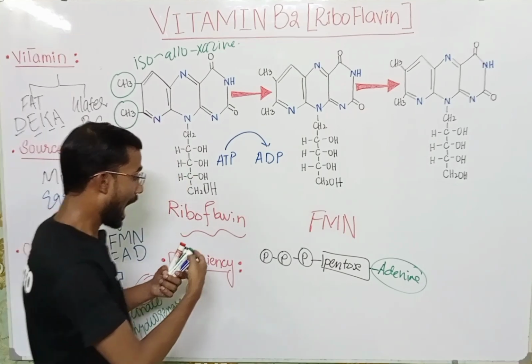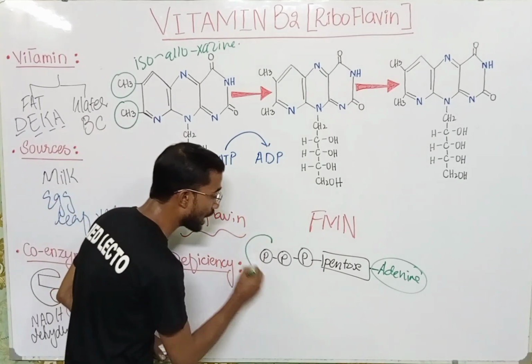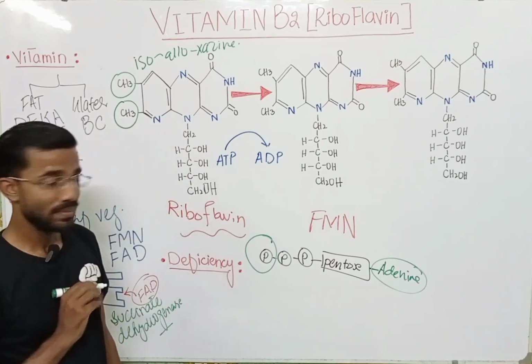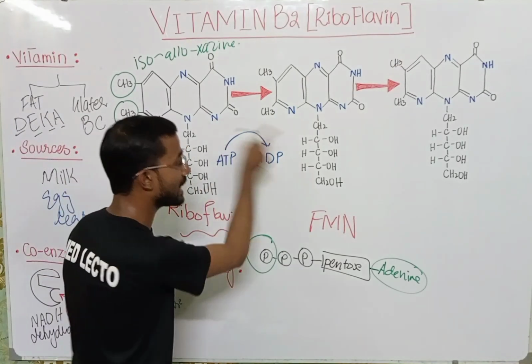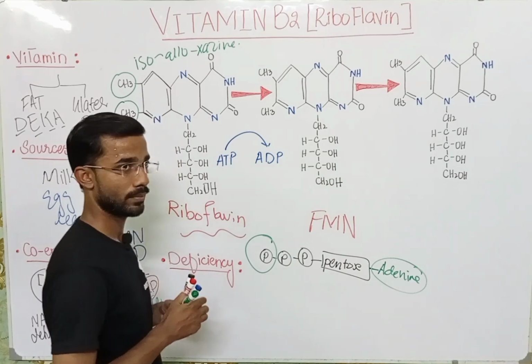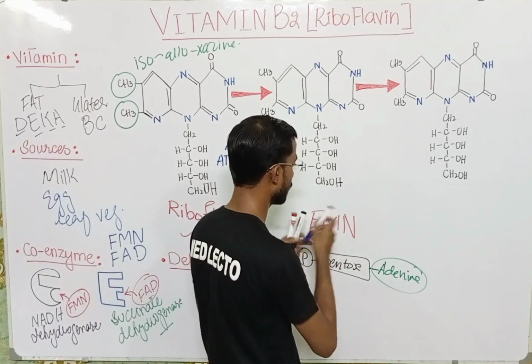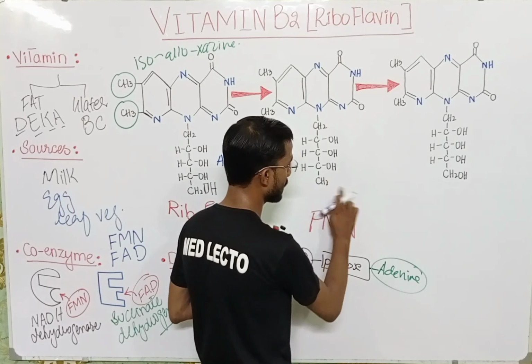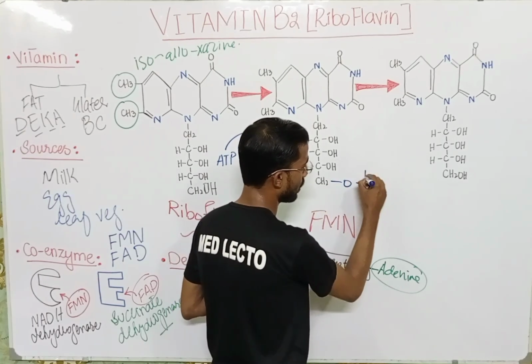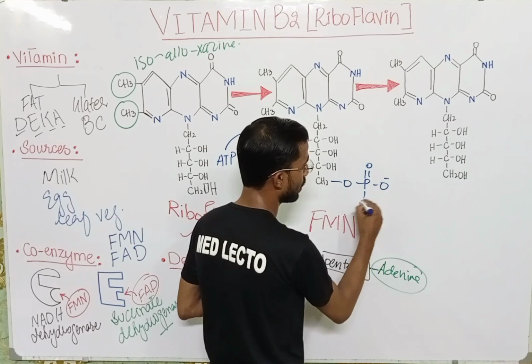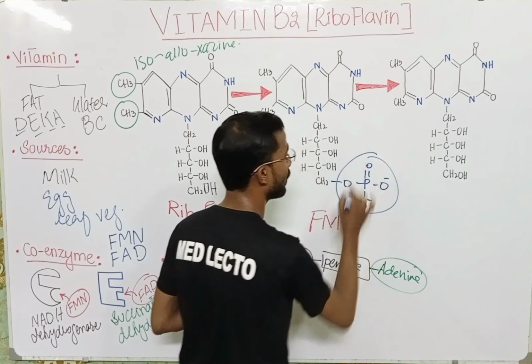Okay, I just remove one phosphate group from the ATP, and that phosphate group will attach to this riboflavin. And if I add it in this way, now this is the one phosphate group.